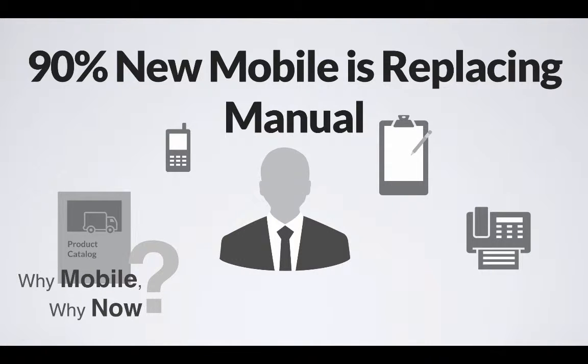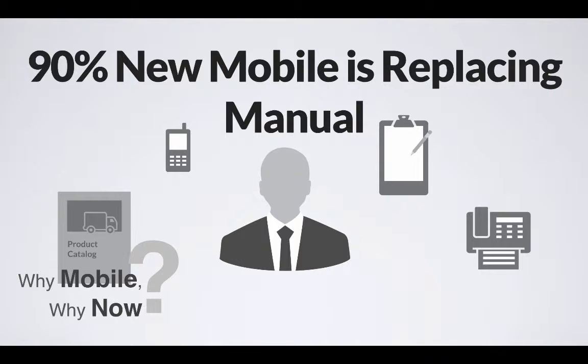And it's really important to note that over the last several years, with all of the mobile sales automation that we've done in our business, over 90% of the systems for mobile sales that we've put in have been replacing what were previously paper-based processes that were inefficient, difficult, impossible to create real-time results, and fully disconnected from the ERP or the accounting system.